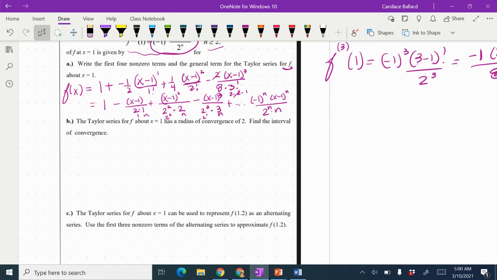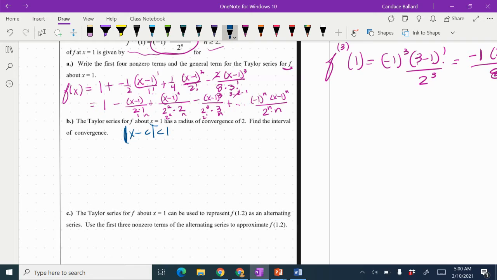There is a little bit of a shortcut here that we had not talked about yet. When we get out of that ratio test, it's always the absolute value of x minus c that we force to be less than 1.